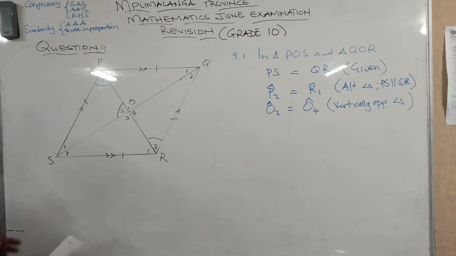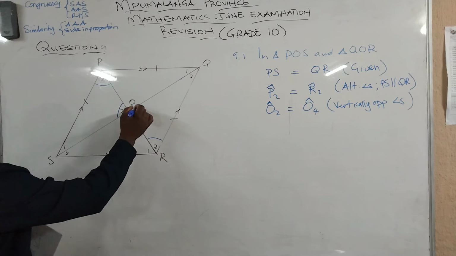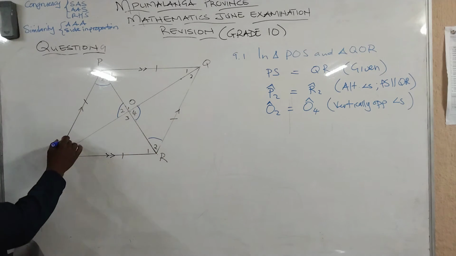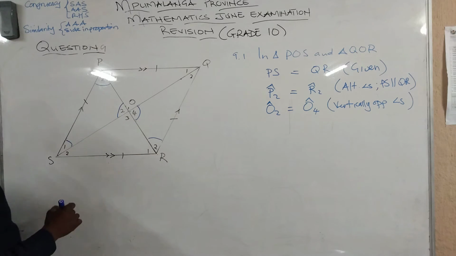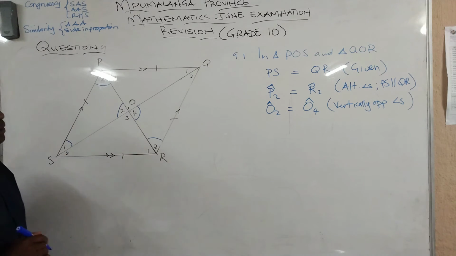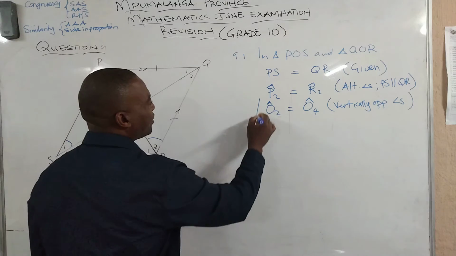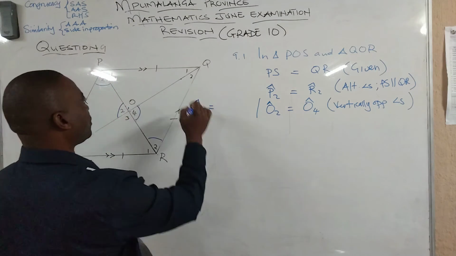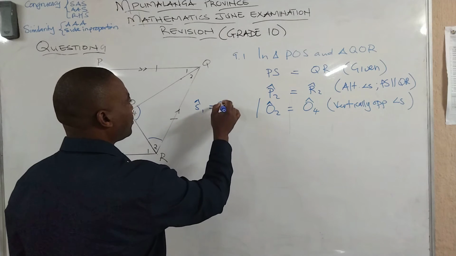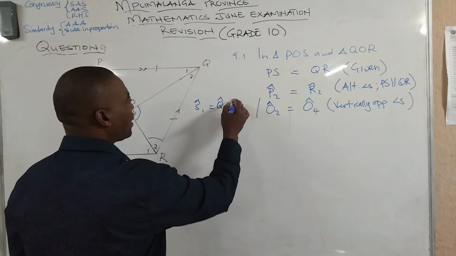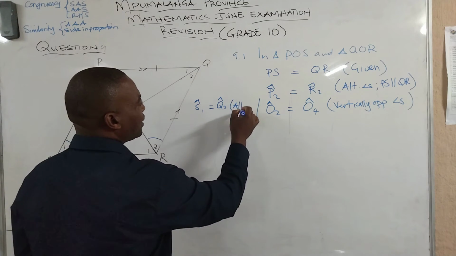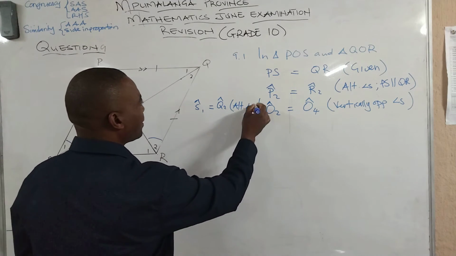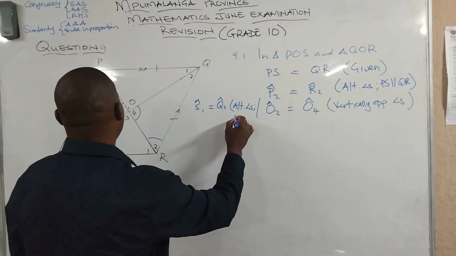If you don't want to use these two angles which are vertically opposite, you can as well use angle S1 is equal to angle Q2. These are alternate angles. State the parallel lines.